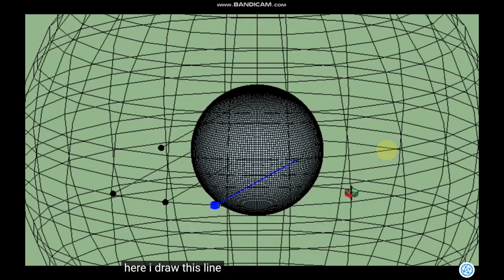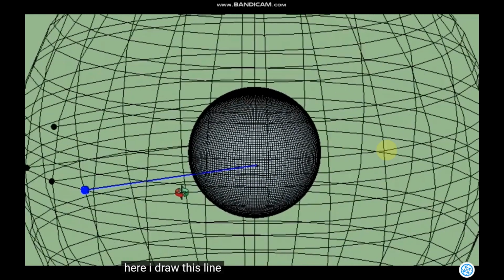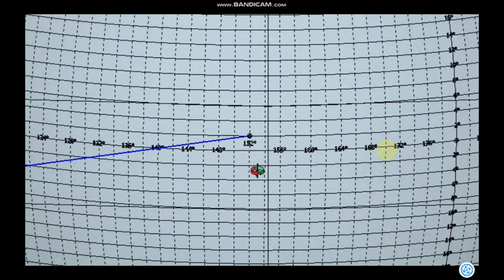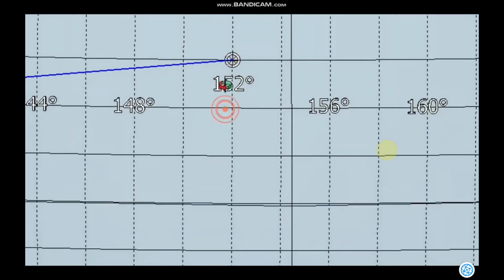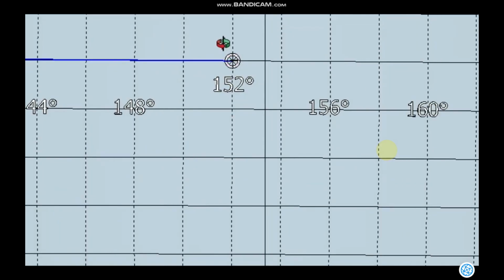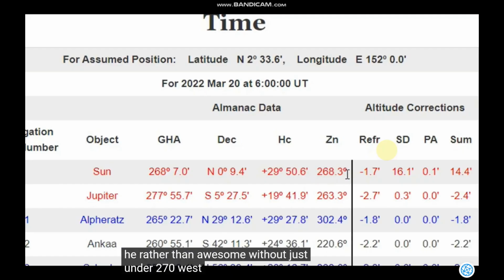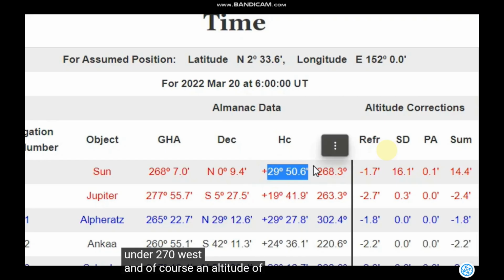Here I draw this line, here at an azimuth of just under 270 west, and of course an altitude of 29.